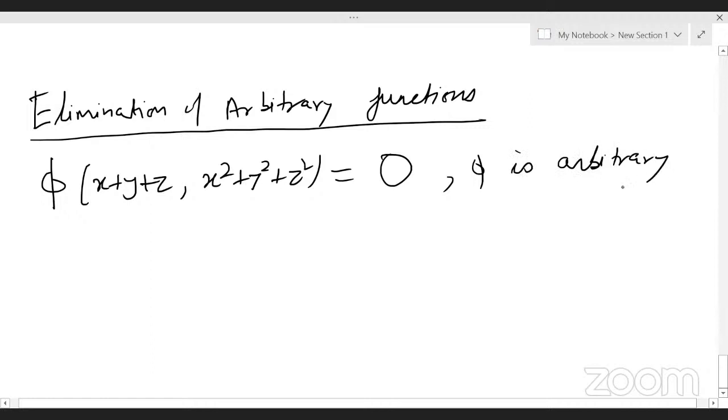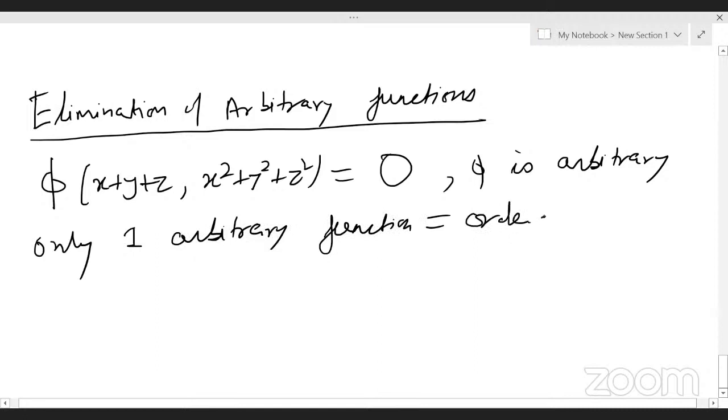Phi can be any function. It can be sine, cos, log, e to the power, an exponential function, or any other complicated function. So phi is any arbitrary function. Now, what is the order of the PDE? Because there is only one arbitrary function.